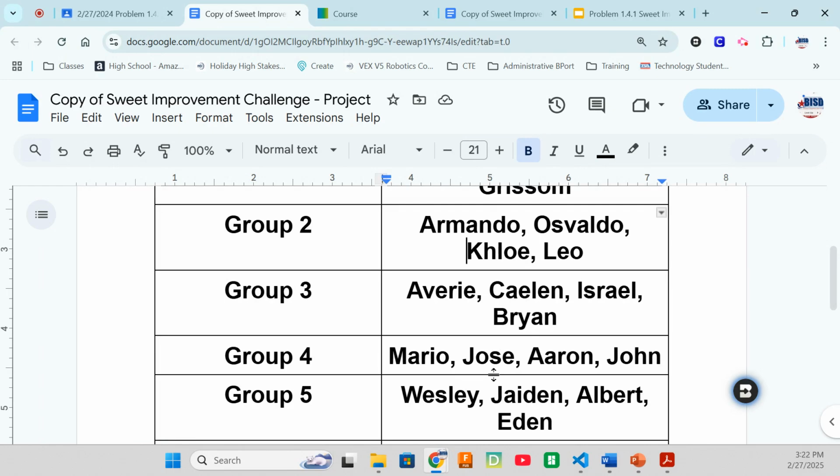Group 4 is going to be at the table that's right in front of my desk, which is where Osvaldo, Jayden, Kaylin and Jose were sitting. And group number 5, you're going to be at the back table where Litzy and Ethan were sitting.